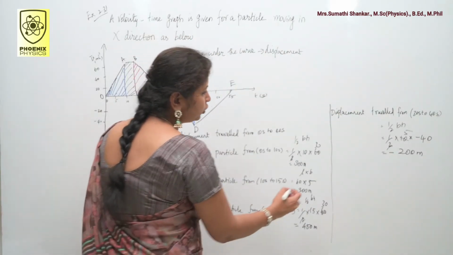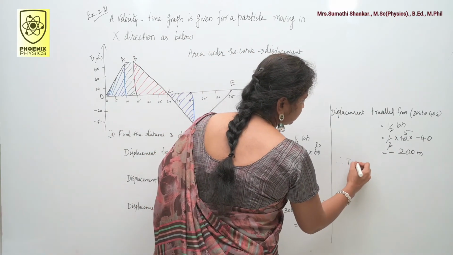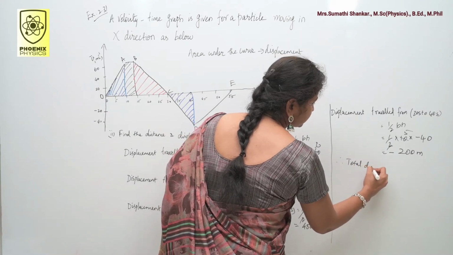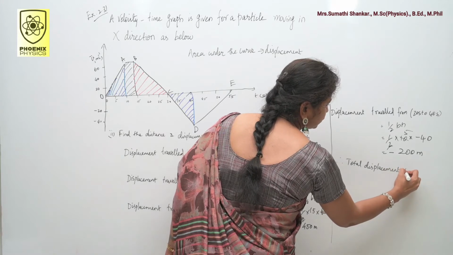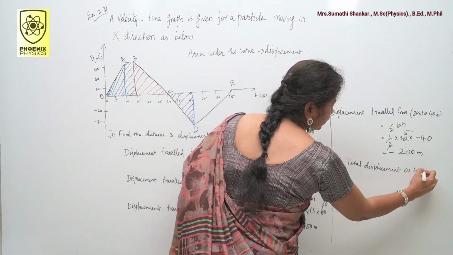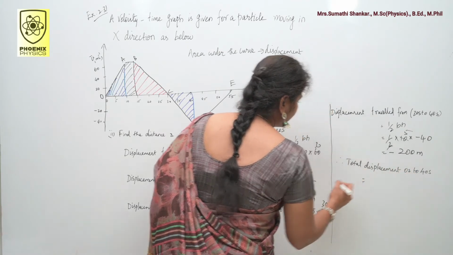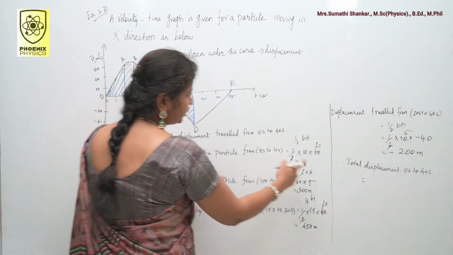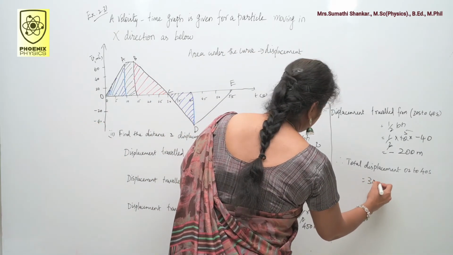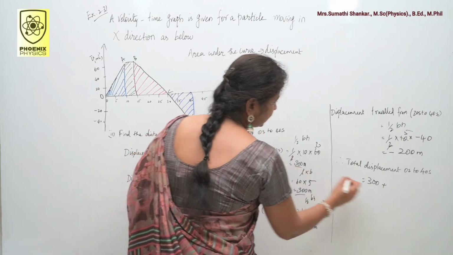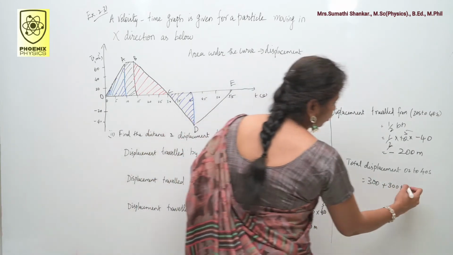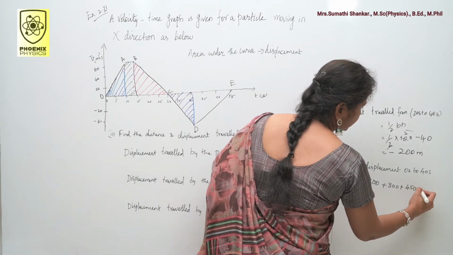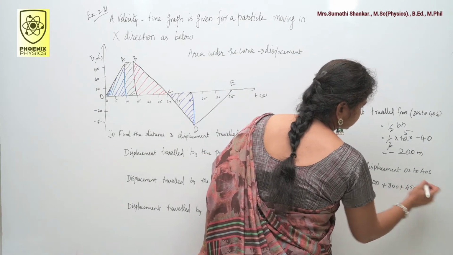So how do you find the total displacement? Total displacement travelled by the particle from 0 second to 40 second is just adding the results. First one is 300 plus 300 plus 450, here minus 200.